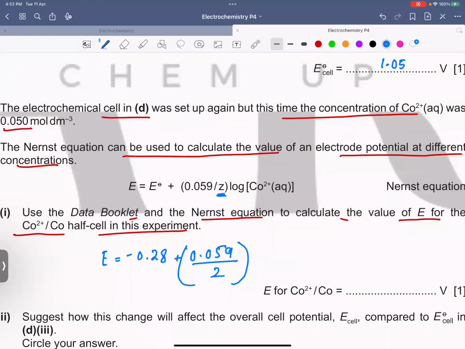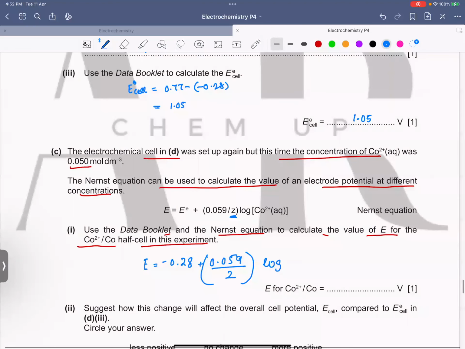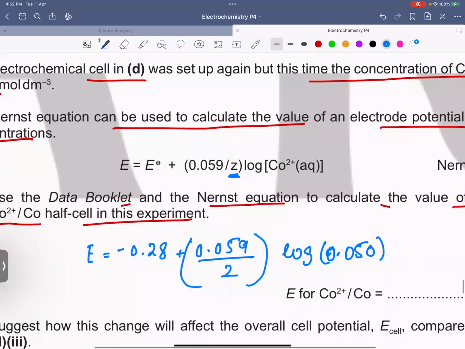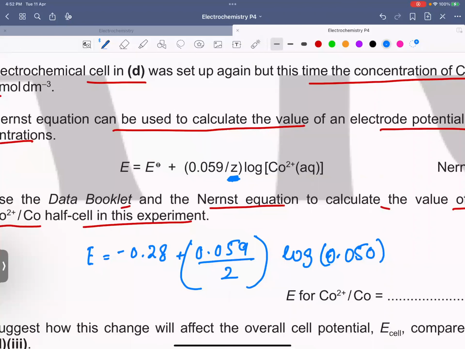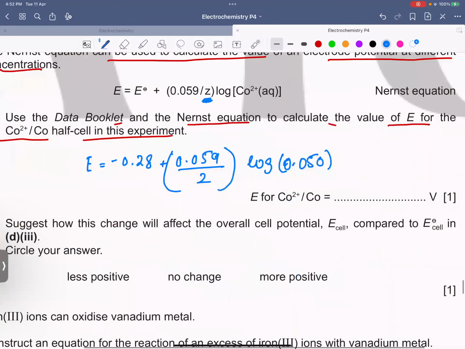So this Z is actually the number of electrons. Solve it, kindly do it and tell me the answer. Minus 0.32 volts. Is this clear?